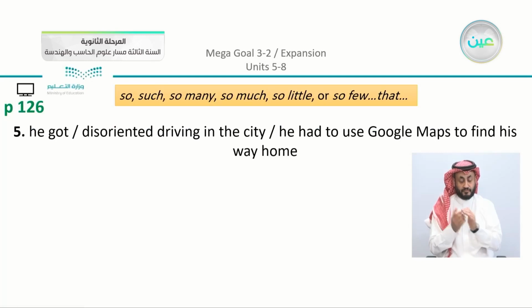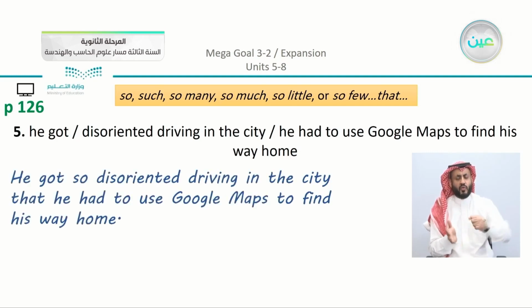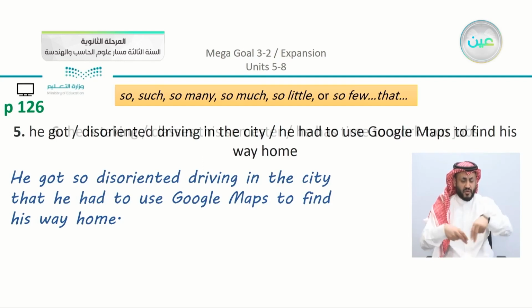We have number 5. He got disoriented driving in the city. He had to use Google Maps to find his way home. So here we can say, for example, he got so disoriented driving in the city that he had to use Google Maps to find his way home.